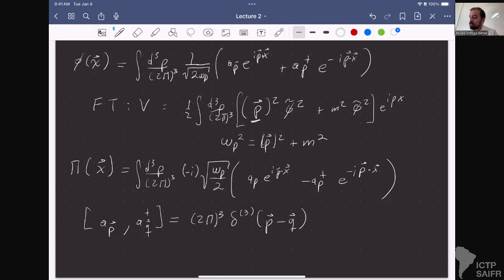Look carefully that these depend on the integration of the Fourier momenta p, and they satisfy this commutation relation. The lowering operator with itself commutes, even for other momenta, and same for the raising operator. Okay, so nothing too crazy here.